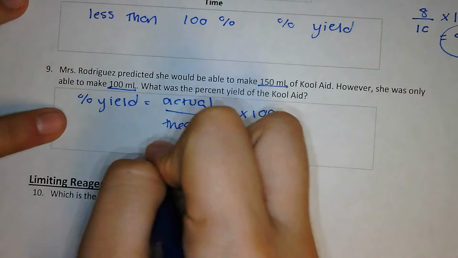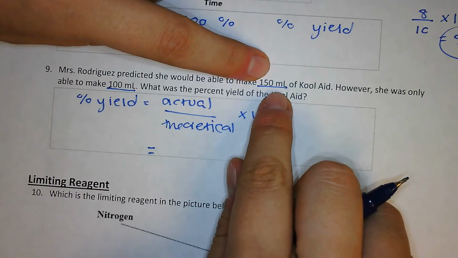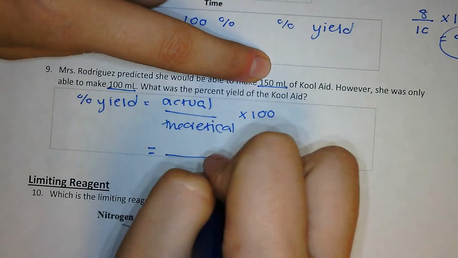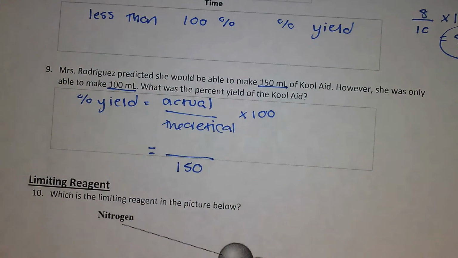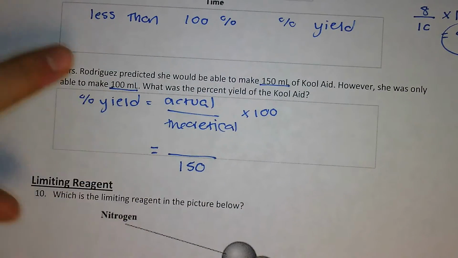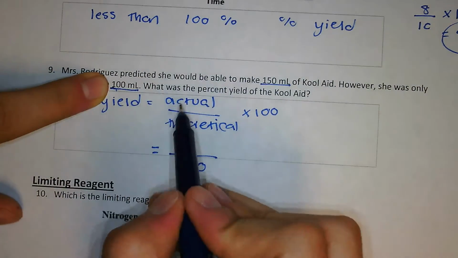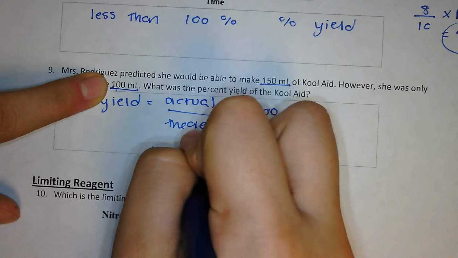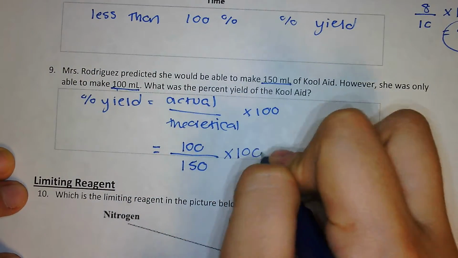So I thought that I could make 150 milliliters. That means that my theoretical number is 150. I thought I could make this, but I was actually able to only make 100. So I actually produced 100. And then I have to multiply that division by 100.